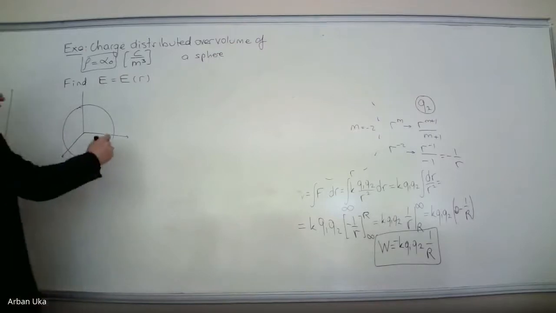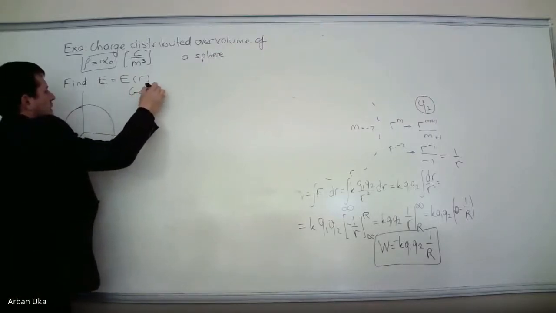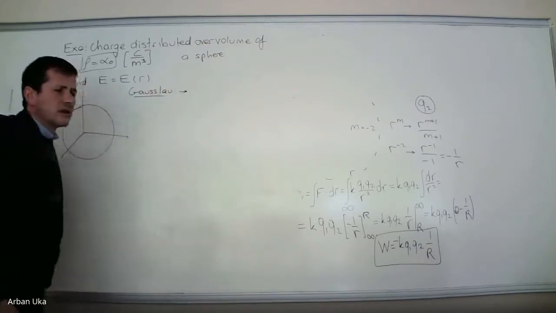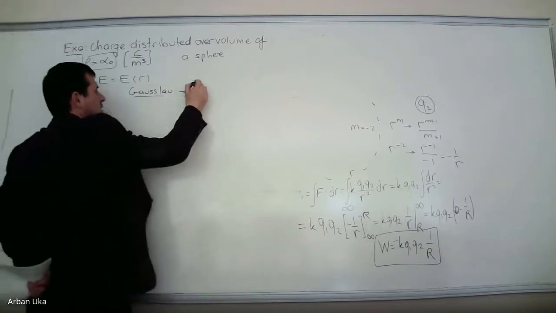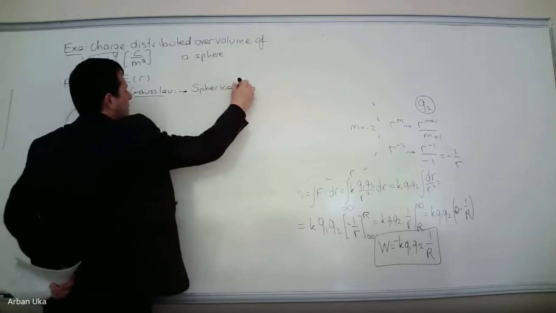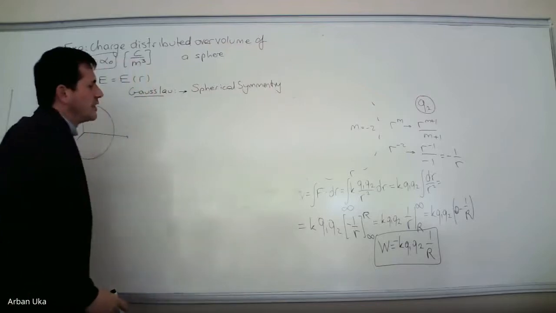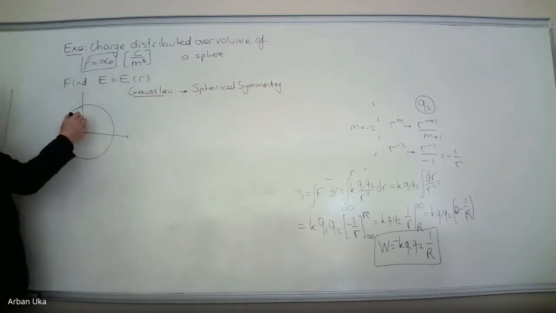Then, what we can do here is use Gauss law. And if we want to use Gauss law, first of all, we can look at the symmetry. Does the problem have any symmetry? Yes, it has spherical symmetry, which means that we can select the Gaussian surface, which is like a sphere.